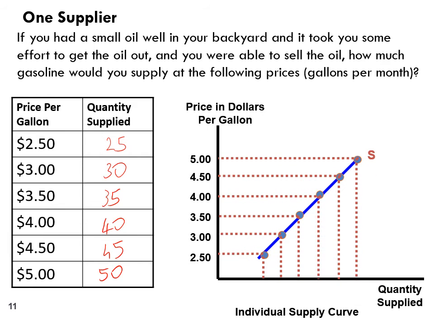If we look at this supply curve, we see 25, 30, 35, 40, 45 and 50. As the price increases, the supplied quantity also increases, and we have such a curve, and this is called the supply curve. Now we have the demand curve and the supply curve, and we can combine these together.